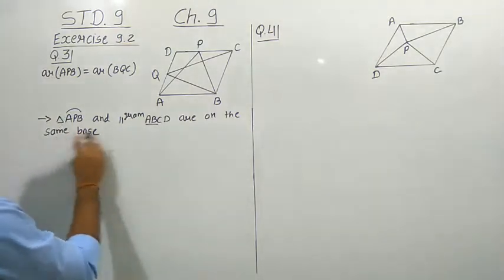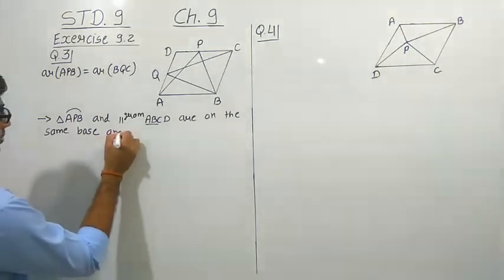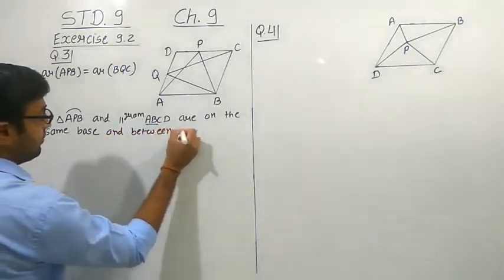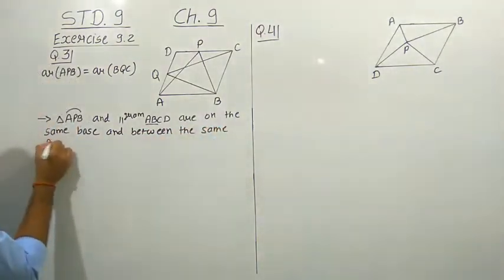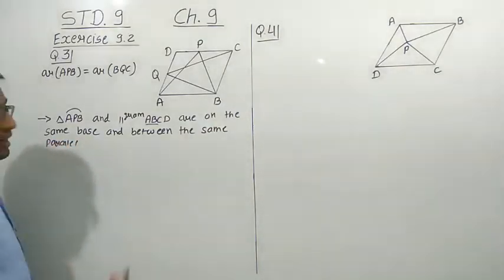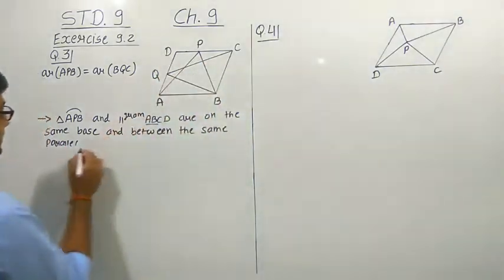So now this triangle and parallelogram are on the same base and between the same parallels. Now, between which two parallels are they lying? They are lying between the two parallels AB and CD.